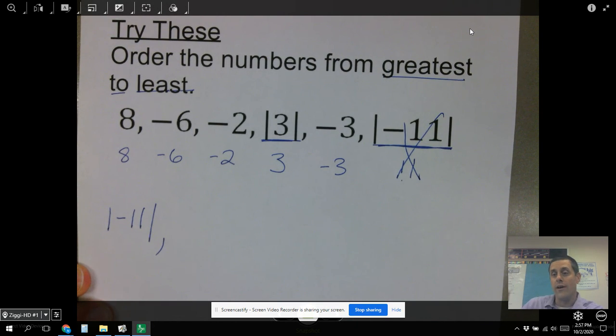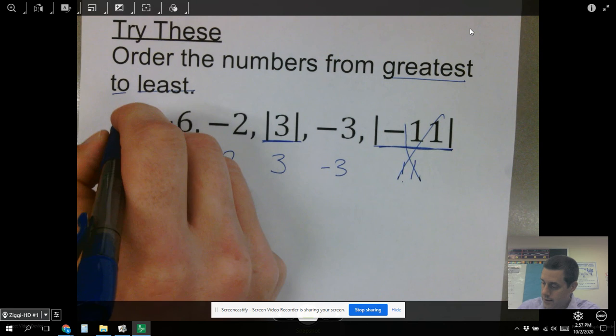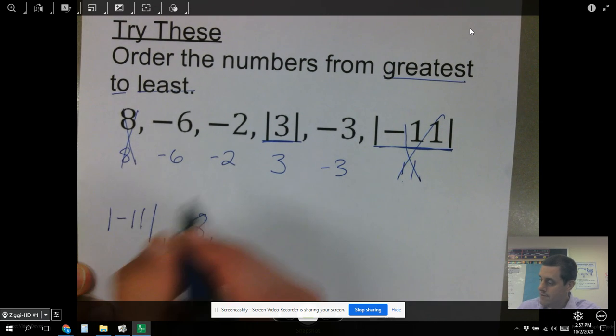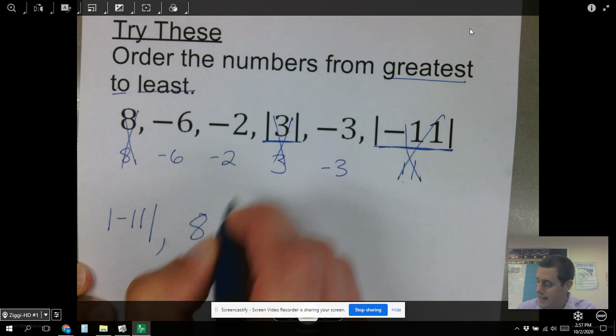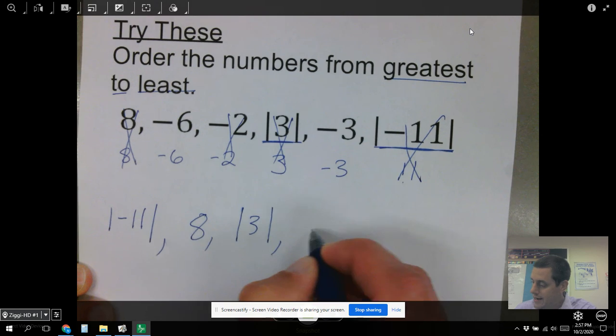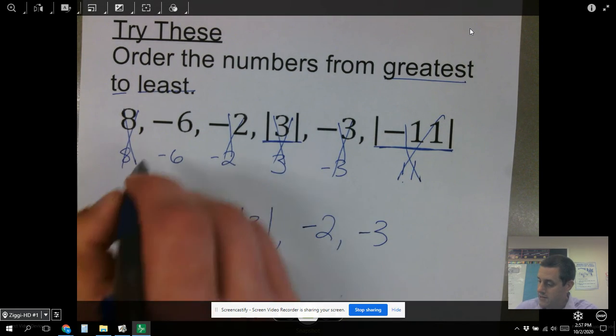Next, working our way from greatest to least means we're going from right and working our way left on the number line. So the next greatest value would be +8, followed by 3, which is written as the absolute value of 3. And then we would have -2, -3, and the least value of this set, -6.